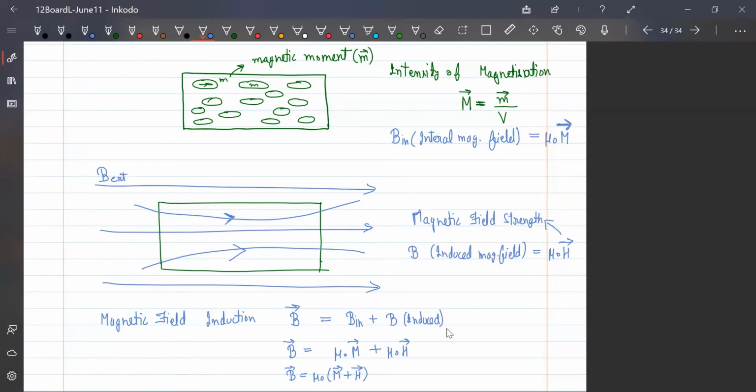So magnetic intensity or magnetic field strength and magnetic field induction is same.